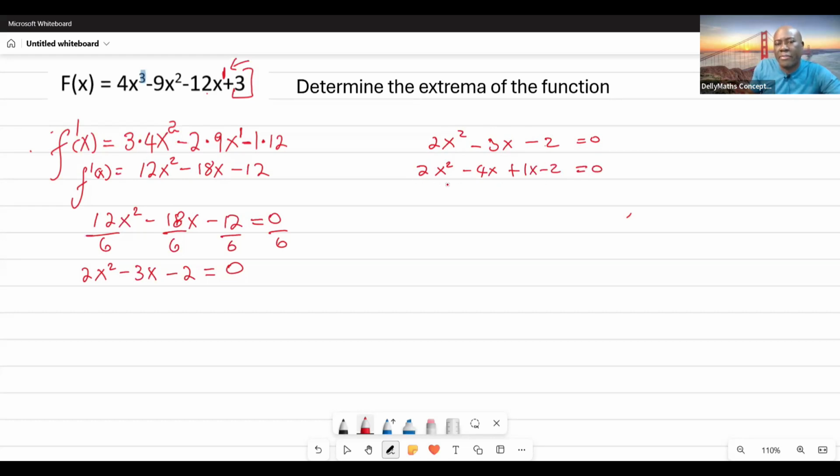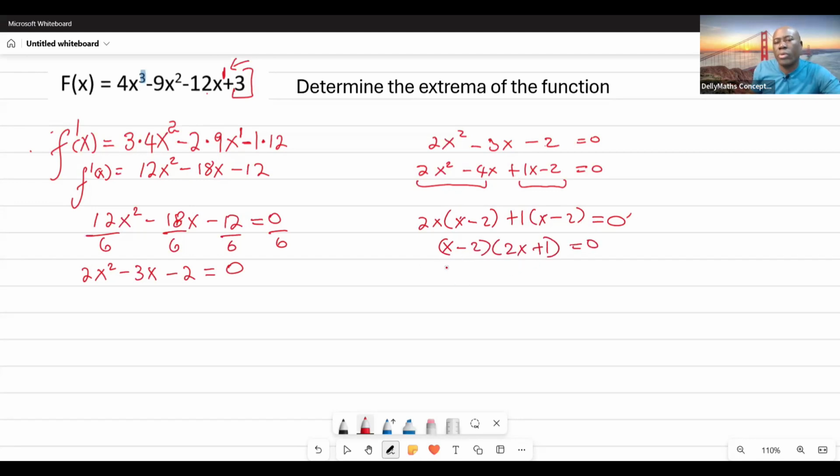In this case, I'm going to factorize by grouping very quickly. 2x is my common factor of that first pair, and then we'll have x minus 2. And as you can see, 1 will be here, and we'll have x minus 2, and this is equal to 0. So here are the factors: x minus 2 and 2x plus 1 equal to 0.